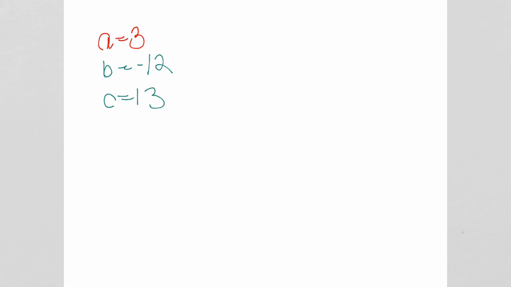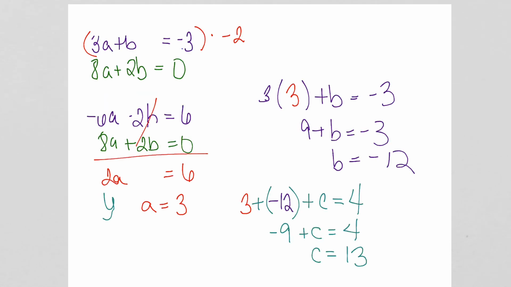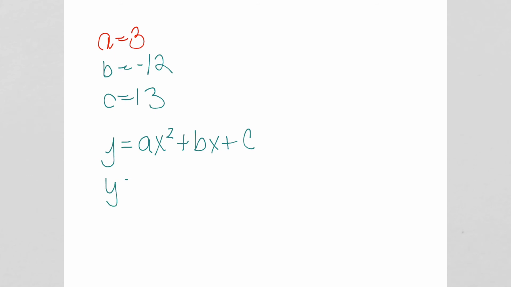So our equation in the form y equals ax squared plus bx plus c, we're just going to fill in. So y equals 3x squared minus 12x plus 13. So that's how we write the equation of a parabola, a quadratic function, through 3 points.